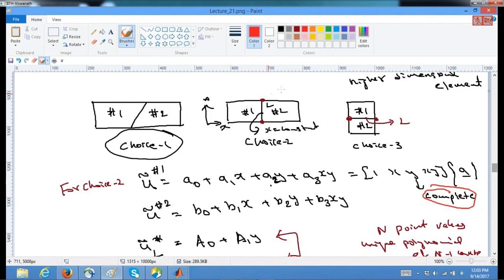In natural coordinate system, what happens is this is already ported into a natural coordinate system which looks like a perfect square with horizontal and vertical boundaries. You do the assembly there and come back to the real world, then such kind of things can be avoided. That is the easiest manner, doing your formulation in the isoparametric way.